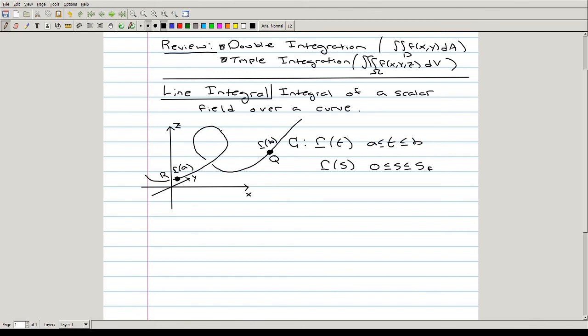So let's assume that this curve is in three-dimensional space, and maybe it's immersed in some scalar field that we'll call phi.